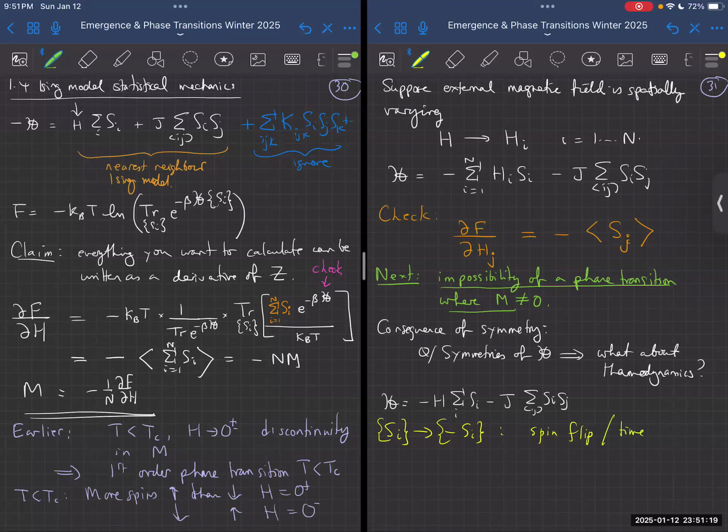There is no time in statistical mechanics, we're in equilibrium, but we can think of it as being if the spin is like this, then if we send time backwards, the spin changes sign. So this is a sort of time reversal or spin flip symmetry.